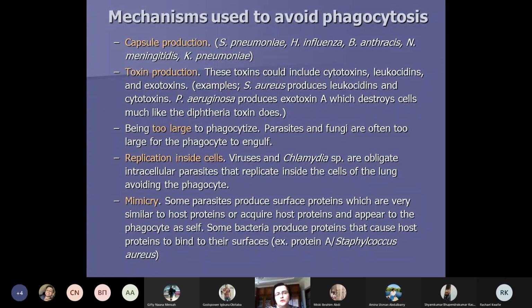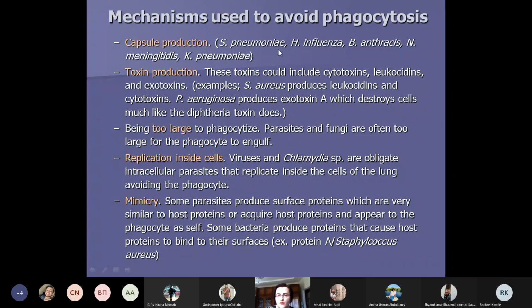If microbes can avoid phagocytosis or survive once phagocytized, they can survive in the lungs. Microorganisms have developed a number of ways to avoid phagocytosis. Once phagocytized, certain organisms can survive in the phagocyte.